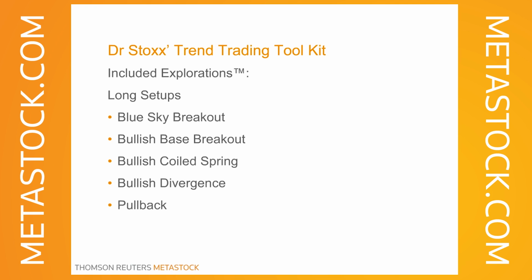They've put in a low, but relative to a recent low in the past, the indicators, and you can use a variety of them, are showing bullish divergence. In other words, the price is putting in a lower low, the indicator is not. And you will get 2 explorations, one a long and one a short, that finds exactly those setups.